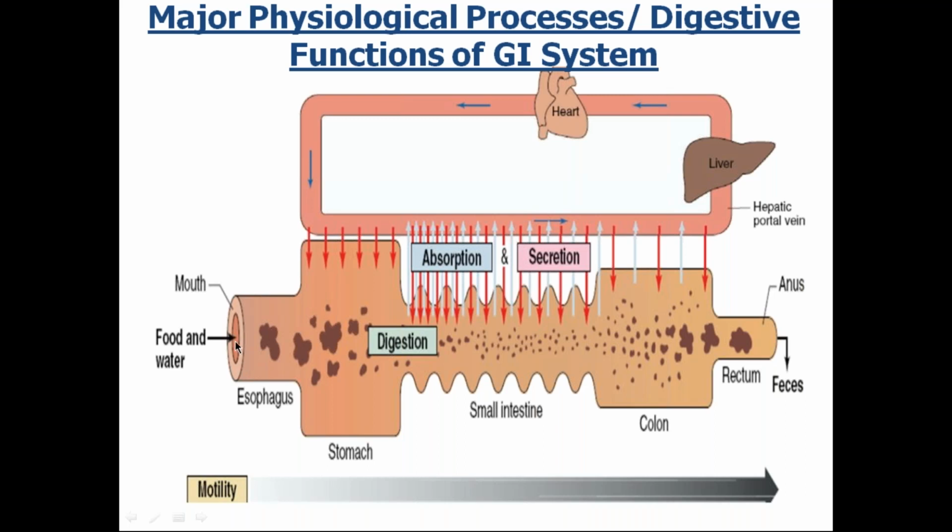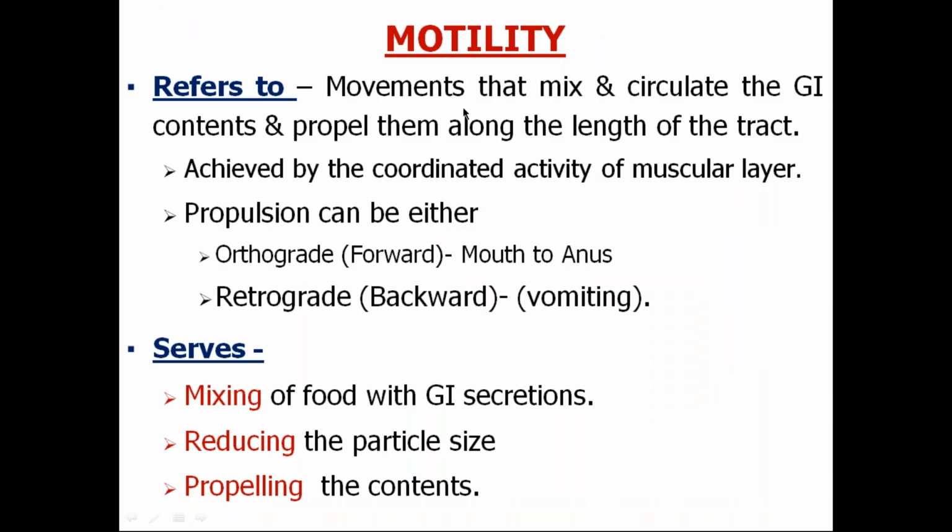It has to move in the anal direction, from the mouth towards the anus. So for that movement, motility is required, which is brought about by the interplay of the muscles present within the gastrointestinal tract. Okay, so these are the major physiological processes, so that whenever I'm using these terms, you don't get confused.